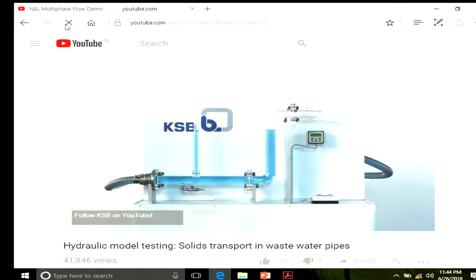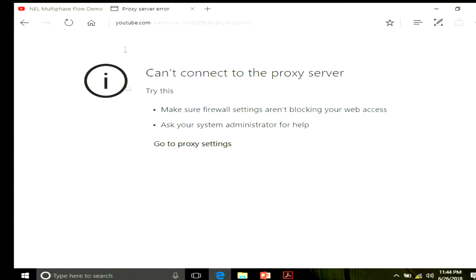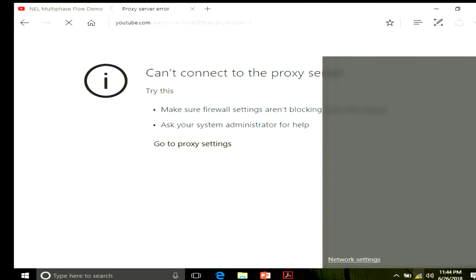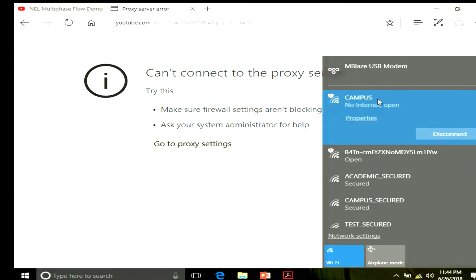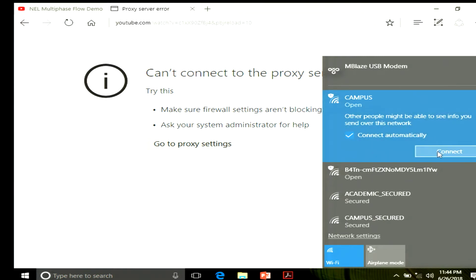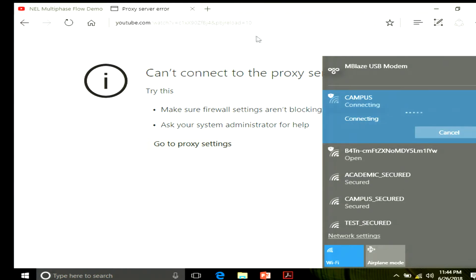Here's something. Oops. The internet is getting flaky on me. Any of the Kharagpur students, can you help me with logging into the campus, I guess?